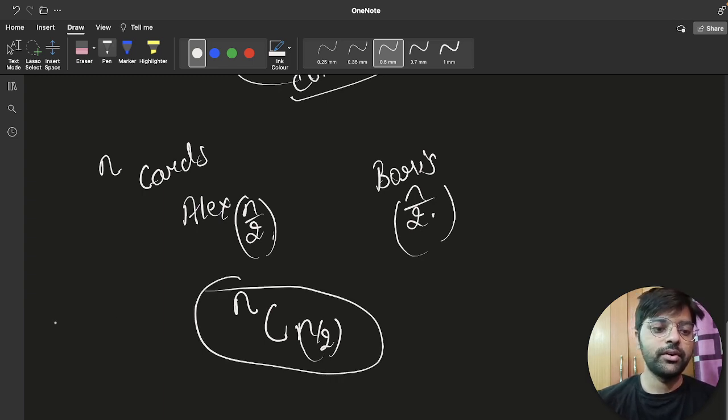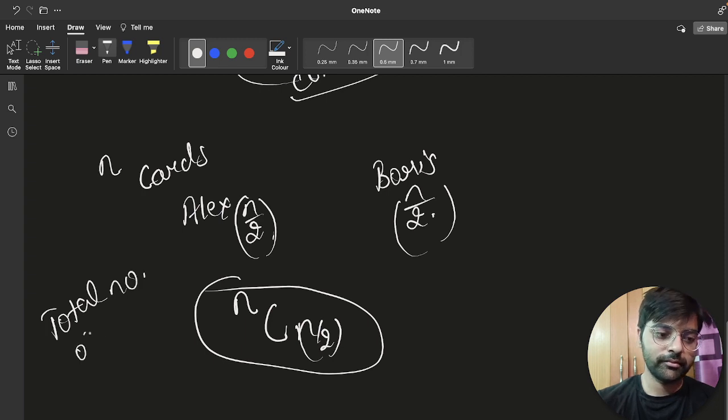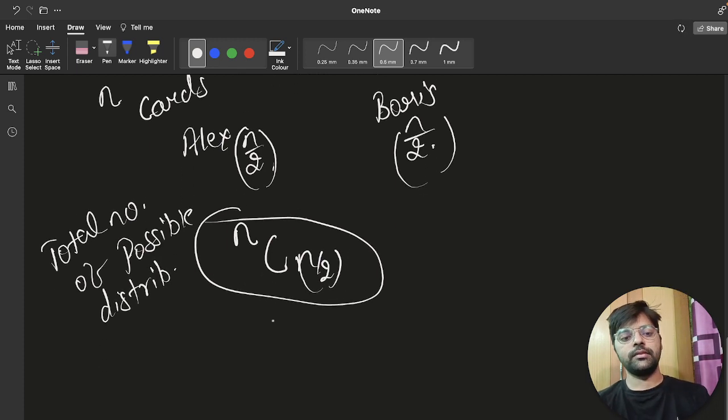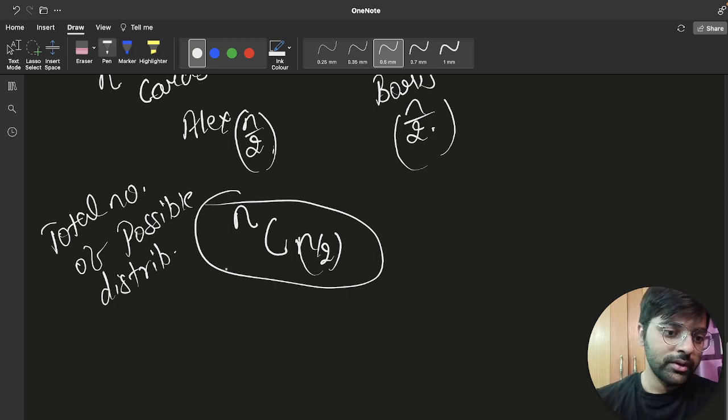This will be the total number of possible distributions, right? Now this is the total possible distribution.